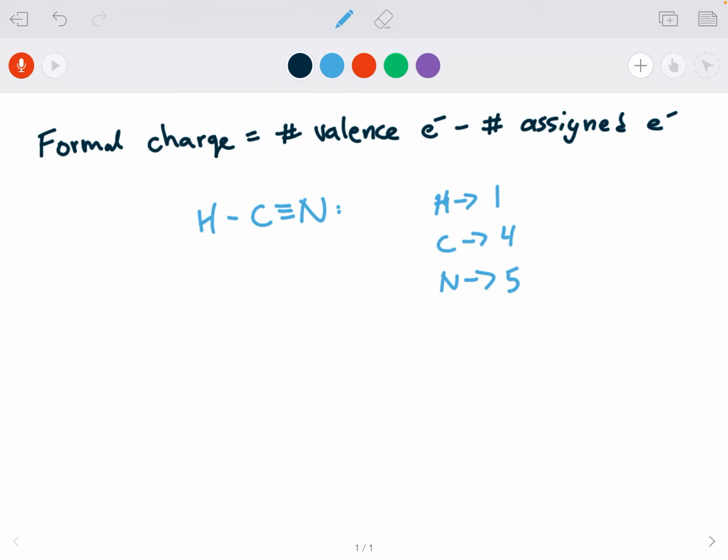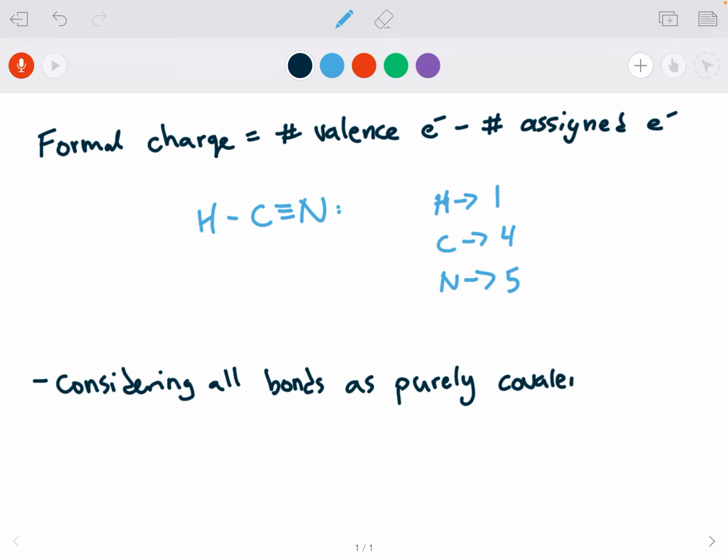What we're doing, when we're counting a bond as 1 electron for each of them, is considering all bonds as purely covalent, meaning it's shared completely between the two atoms. So by considering it purely covalent, one electron from the bond goes to one atom, and the other electron from that bond goes to the other atom.